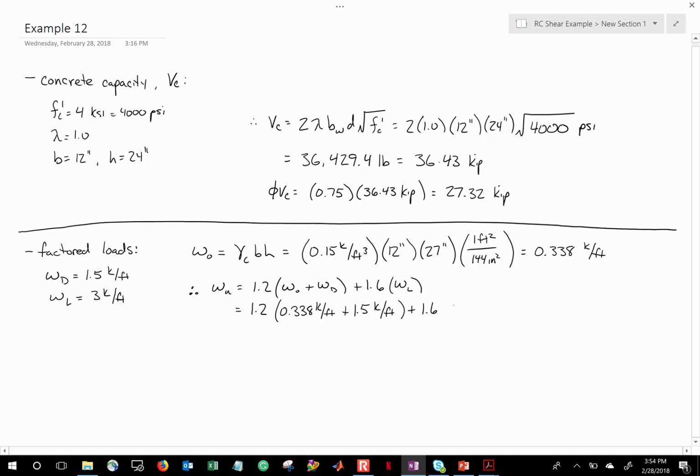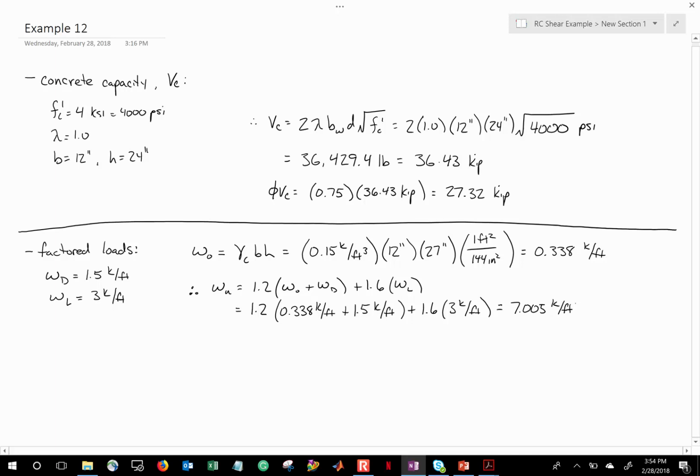Plus 1.6 times 3 kips per foot. All right. Let's chug that out. All right. So that is 7.005 kips per foot.